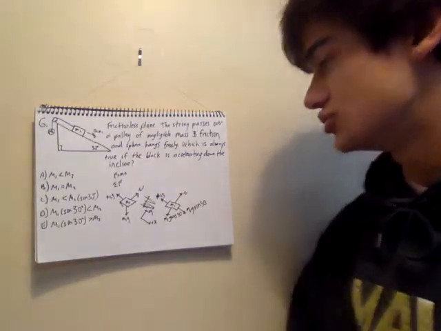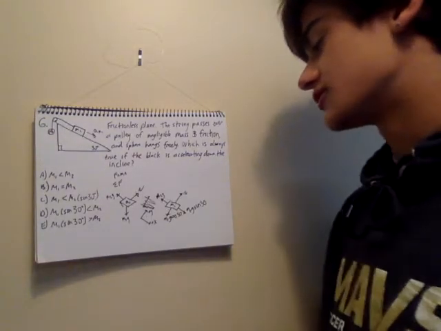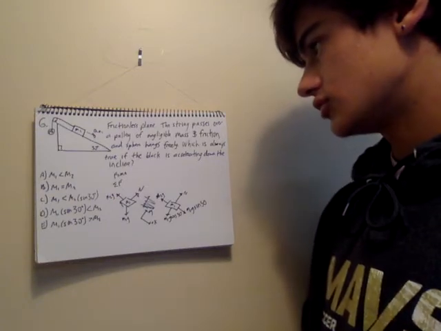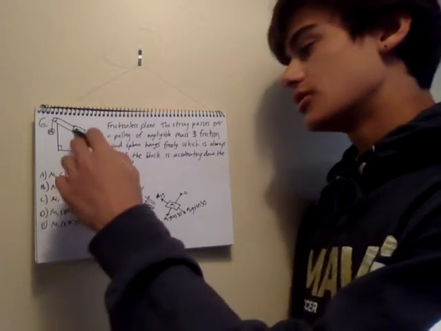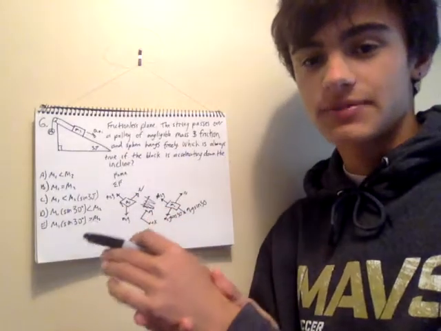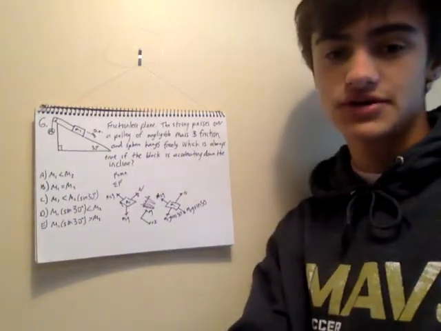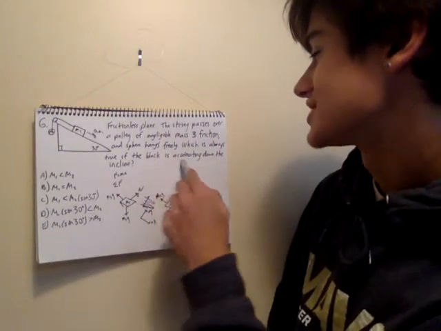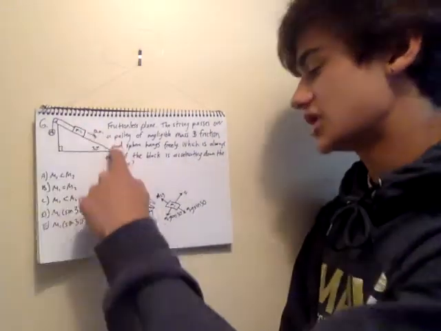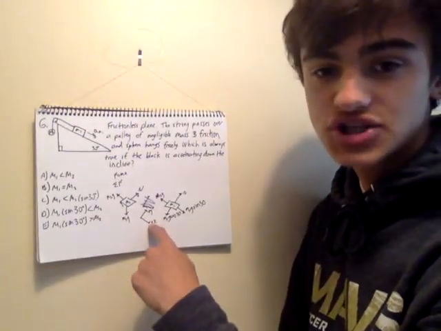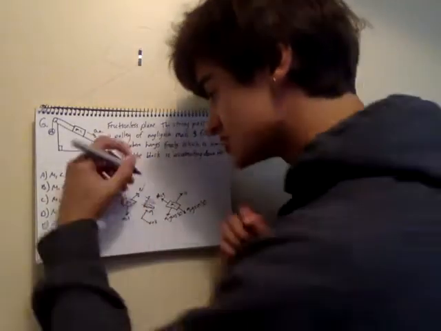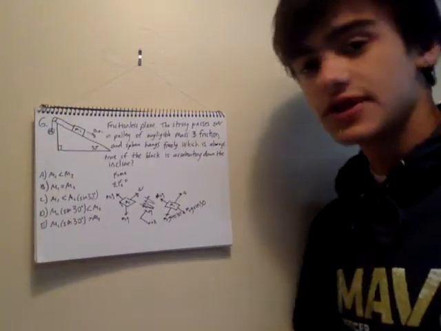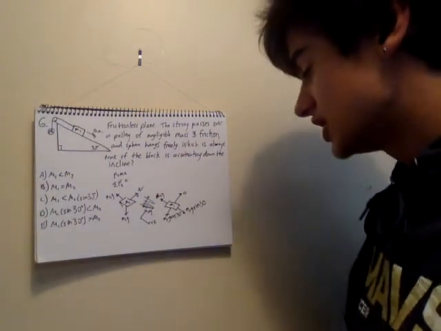So now we're going to use these to sum the forces. Before we sum the forces, let's check back to the diagram and make sure we're on the right path. The block is accelerating down the incline. So it's accelerating in the plus x direction. So let's sum the forces in the x direction because that's actually what we're looking at. Let's start with our force pulling it in the positive direction.